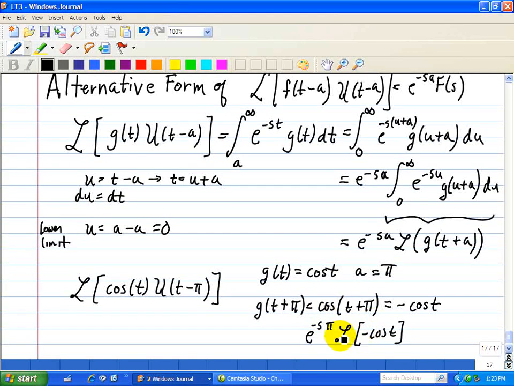And then taking out the negative sign, that's just negative e to the minus pi s, and the Laplace transform of cosine is s over s squared plus 1. So that's our Laplace transform for this example using the alternative form.